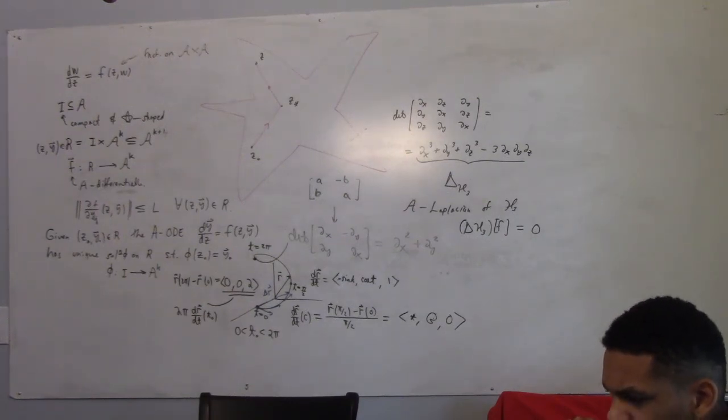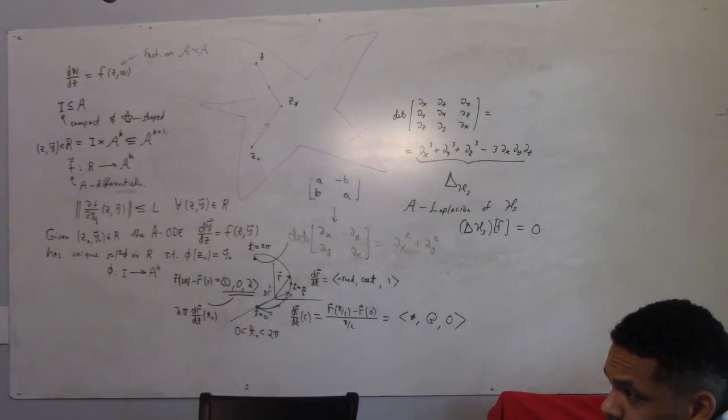Zeta minus zeta naught to the n times the norm of d zeta is a formula for calculating the arc length to the nth power, because you're going on the line segment from z naught to z.